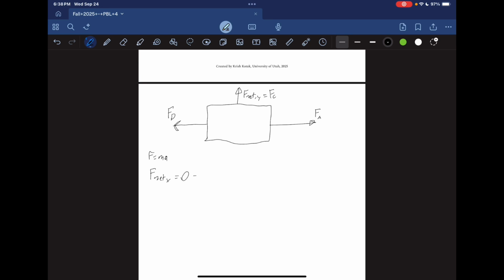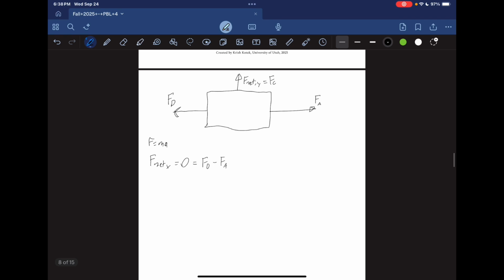So F net x equals 0 equals the force of the drag minus the force of A. And so we know that FA is negative because they're in opposite directions. You could also say that FD is negative. It doesn't really matter which one you choose to be negative. It's up to how you decide your axes. But you can pretty easily see that FD equals FA.